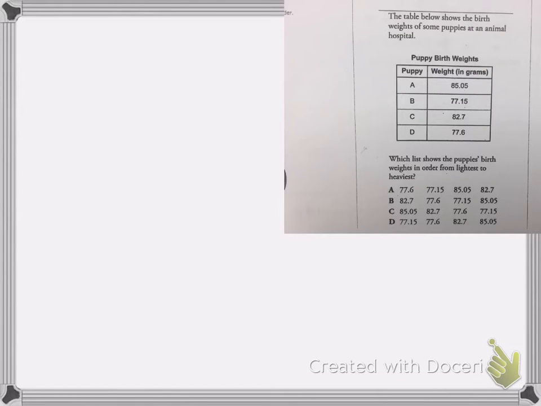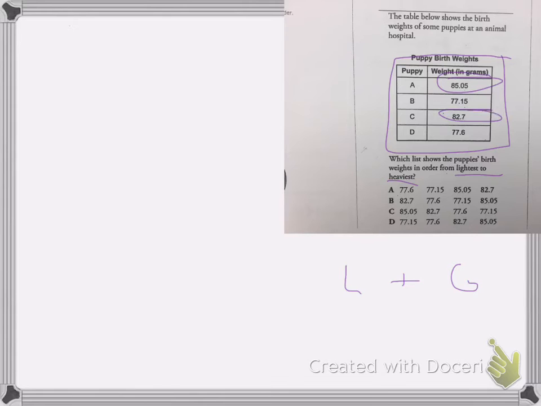All right, here we've got order these, right? Which shows them in lightest to heaviest. Well, that's just least to greatest, okay? What I would do is I would line up my decimal, or you can just look. Well, my heaviest is 85, because that's a whole number, 85.